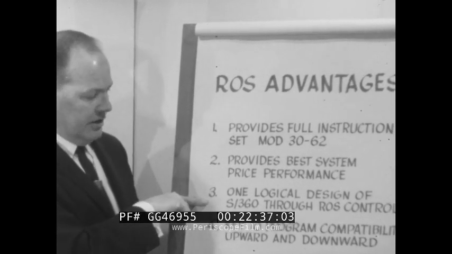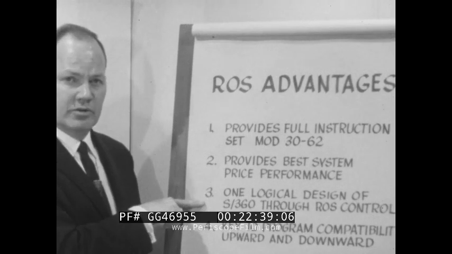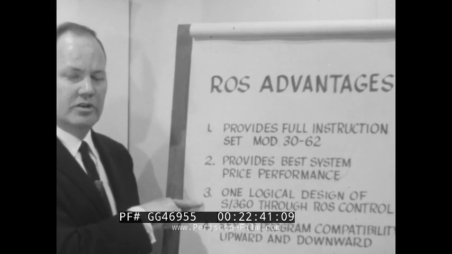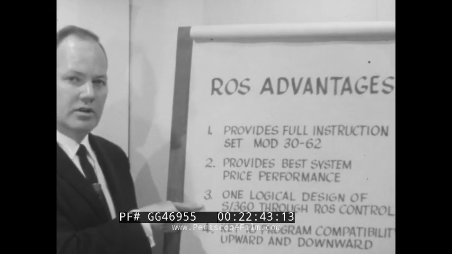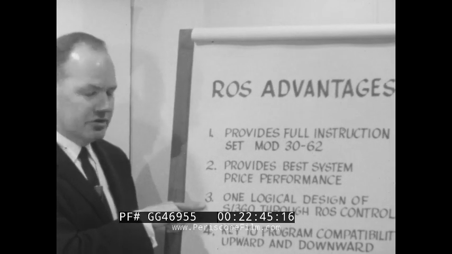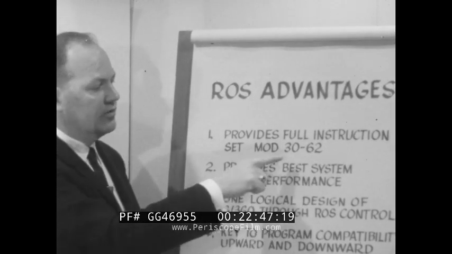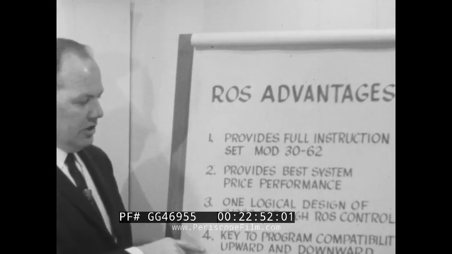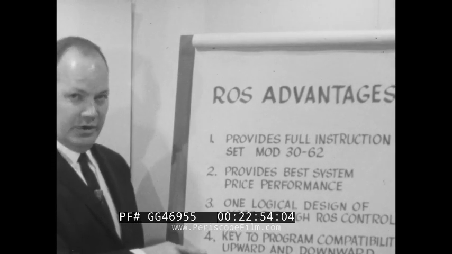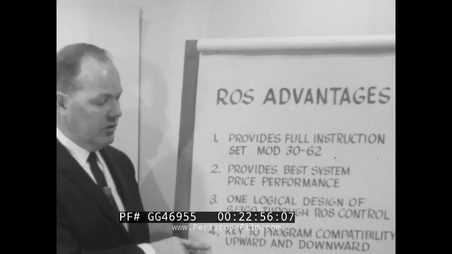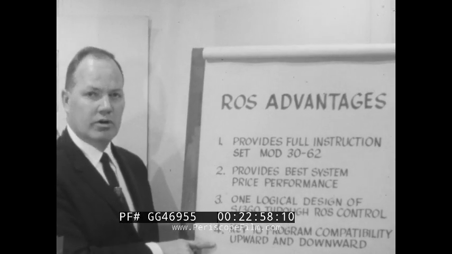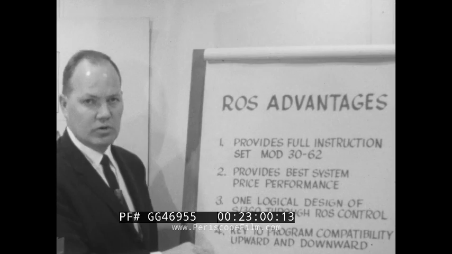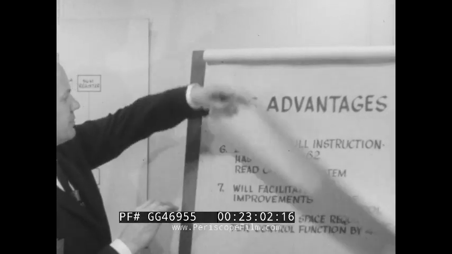One logical design of System 360 through read-only storage control. This basically is the way we obtained the one logical design, although we actually have 6 physical systems involved. It's the key to program compatibility upward and downward, as I've pointed out, a very necessary requisite for expanding and shrinking workload situations.